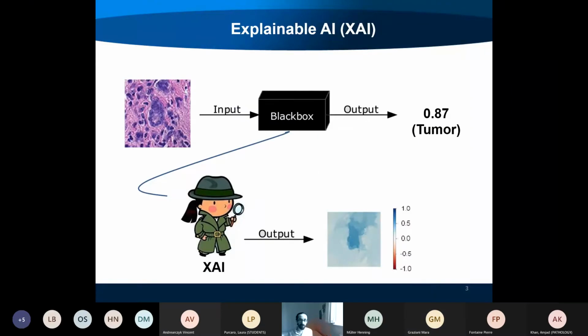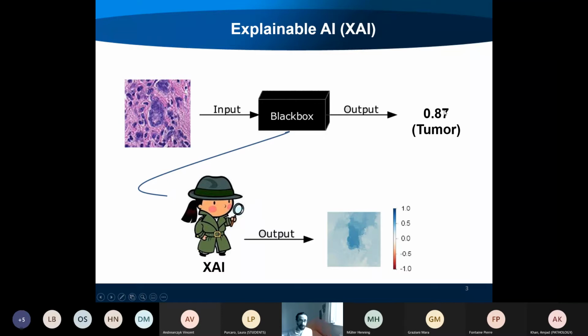So when we're talking about explainable AI in general, we have, for instance, some whole slide image. We cut it into patches, and then we have some image like this. We pass it through some kind of model, for instance, a convolutional neural network, and it outputs a probability, let's say 0.87. Numbers closer to 1 mean tumor, numbers closer to 0 mean healthy.